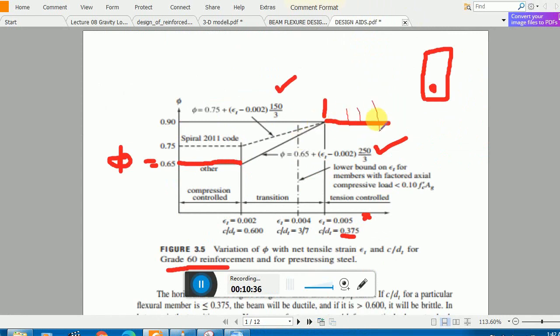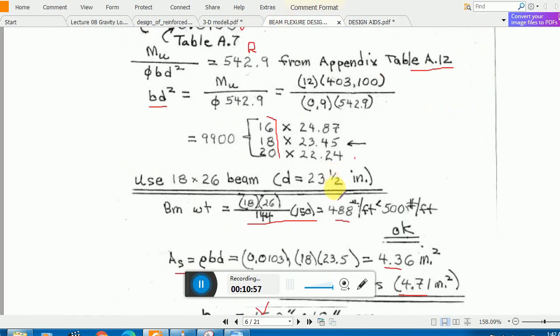If you are on this side, you can use phi value 0.9, and your section will be a tension control section. This means you are using an under reinforced section. But if you are on this side, where the epsilon t value is less than 0.005, you will be on the transition side, and you have to recalculate your phi value. So this ends it.